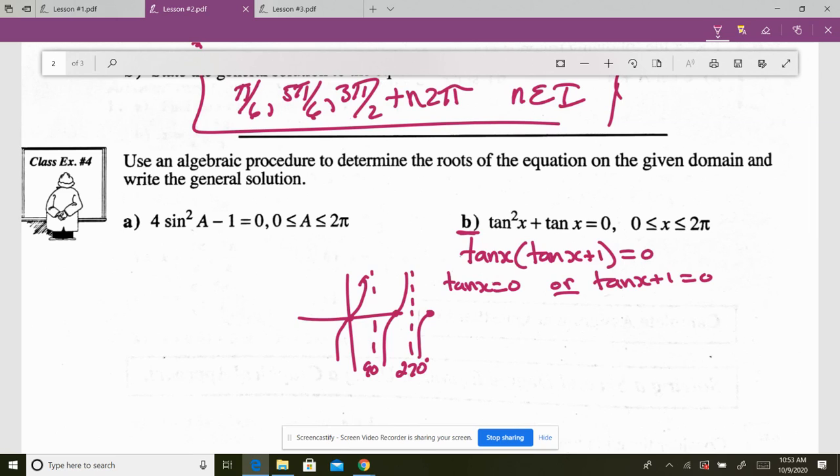I.e., what are the x-intercepts? 0. There you go. So for that one, it's 0, 180, 360. They want it in rads, so you can just say 0, pi, and 2 pi. Okay, there's one set of answers.